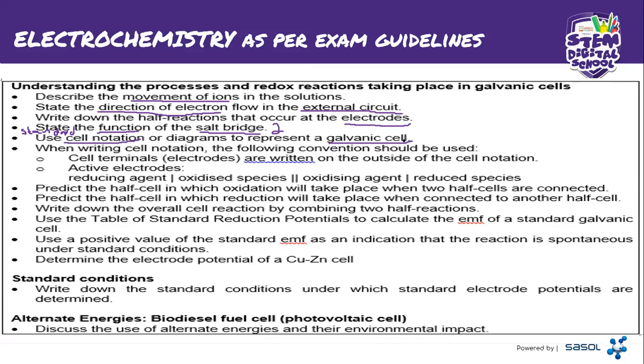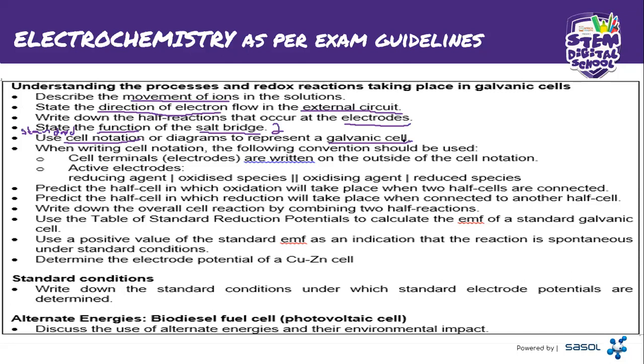And we want you to be able to take that schematic diagram and write it in the form of a cell notation to represent that galvanic cell. Sometimes we can give you the cell notation and you must be able to interpret it and give us the schematic diagram of a galvanic cell.